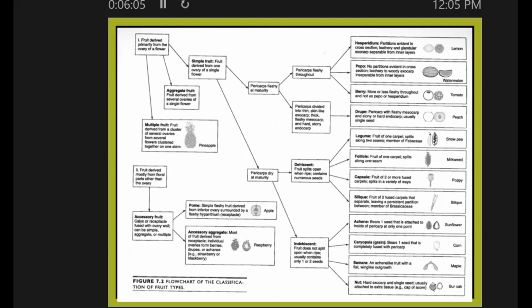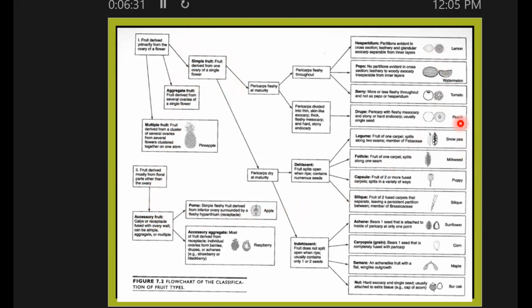So this box up here is talking about what's a simple fruit. It's the broader classification: simple fruit, aggregate, multiple, accessory. But we're not going to give you a bunch of different fruit and ask you to tell us specifically what it is. That's not really what we're going for.